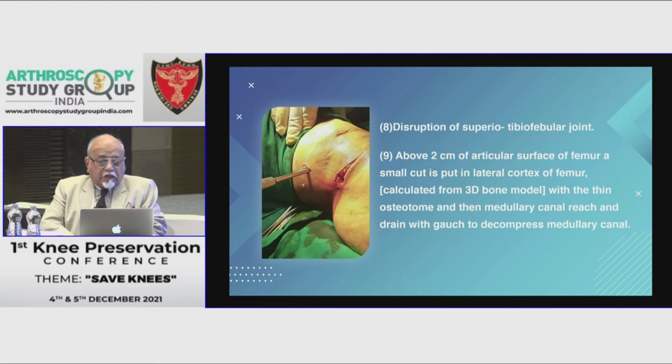And after that, disruption of the superior tibiofibular joint is to be carried out to allow head of the fibula to override. 2 centimeter proximally from the articular surface of the femur, a small cut is put in lateral cortex of the femur, calculated from the 3D model, with the thin osteotome, and medullary canal is reached and drained with the gouge to decompress the medullary canal to decrease throbbing and rest pain.